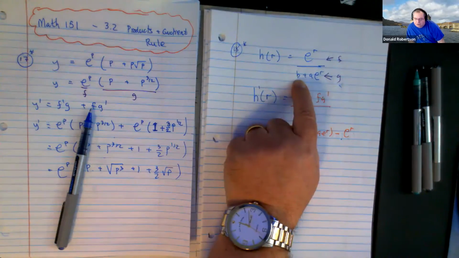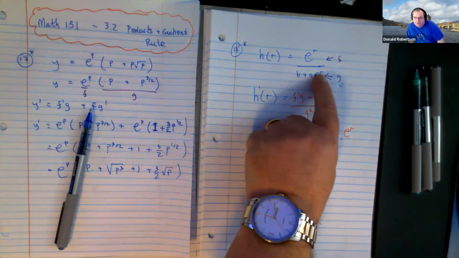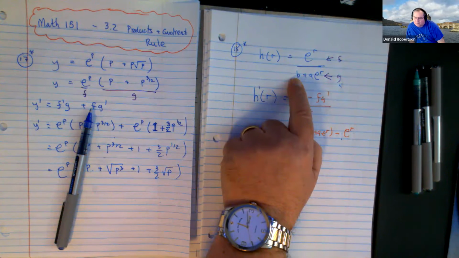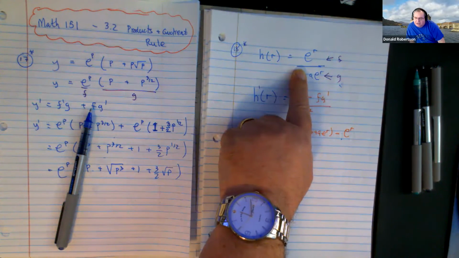What do you get when you differentiate these terms here with respect to R? Okay, what does B get you, if anything? You differentiate B, what do you get? Nothing. What do you get if you differentiate A, e to the R? A times e to the R, what do you get?